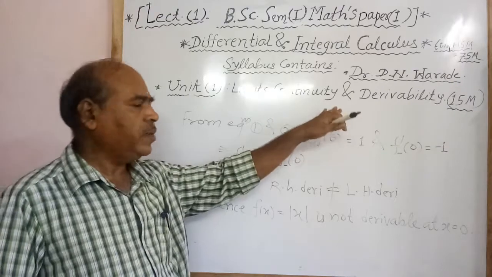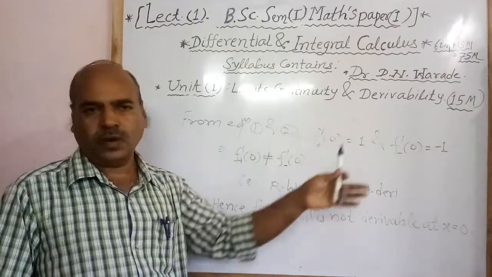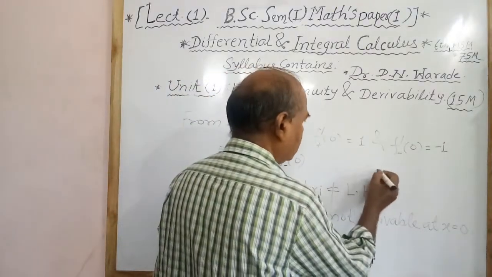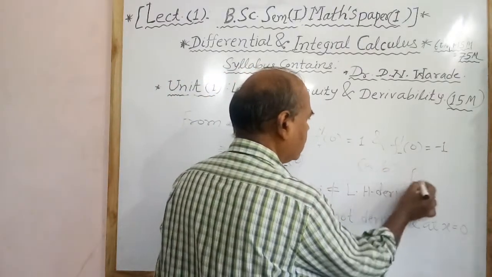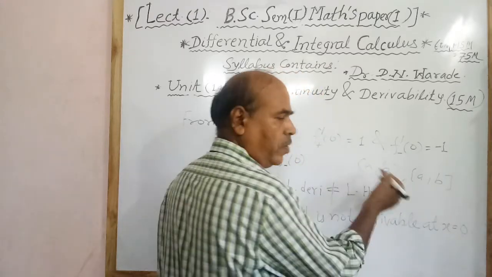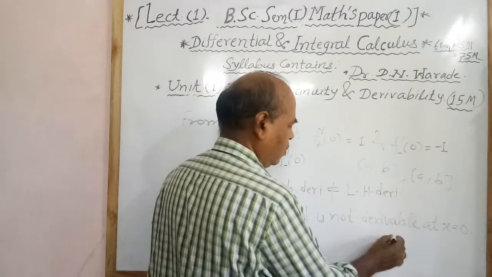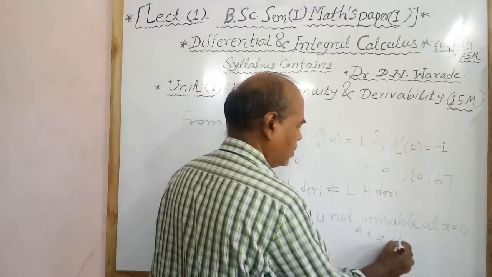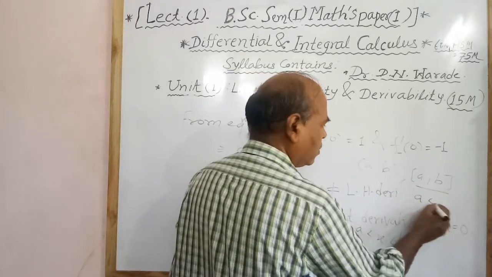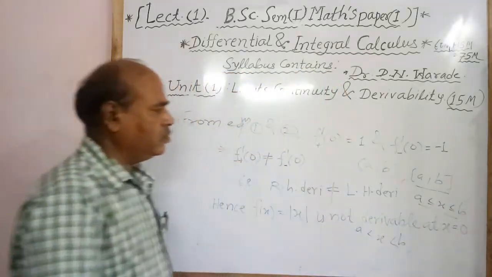Then we see the definition of the derivative in an interval. Now there are two intervals: open interval AB, denoted by x lies between A and B, and the second, closed interval AB, denoted by x lies between A and B inclusive.